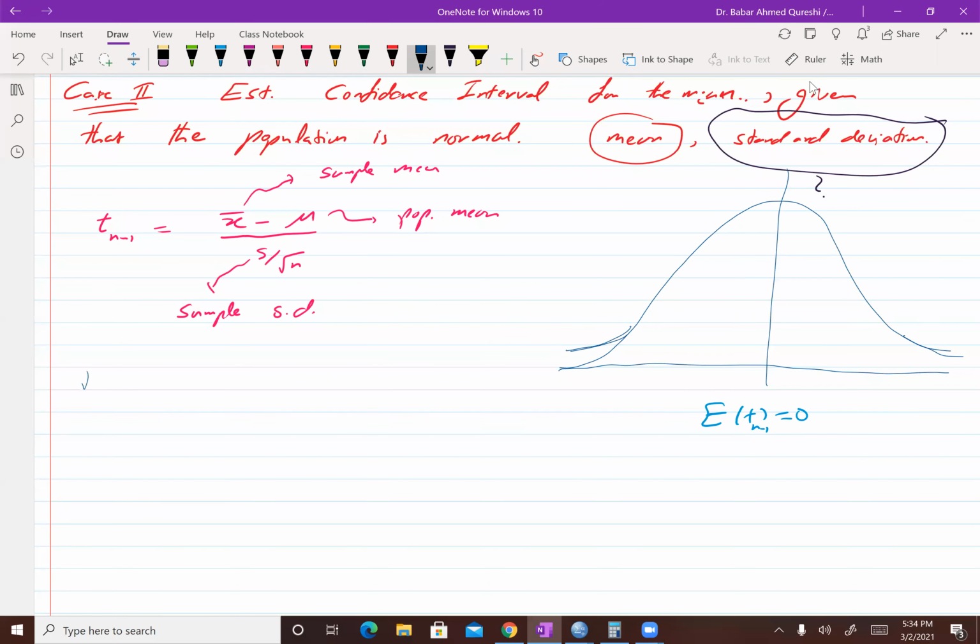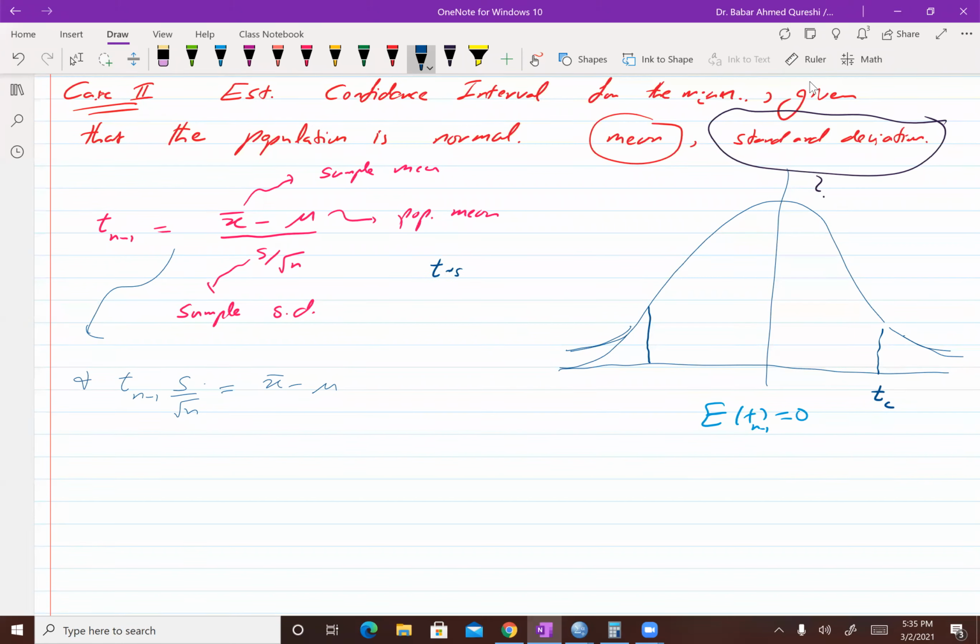And we also have from this relation, from here we have minus mu, and you want to look for some critical value of t.